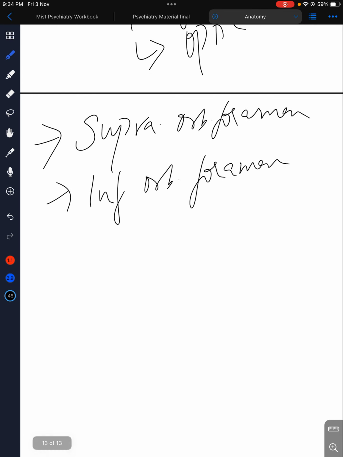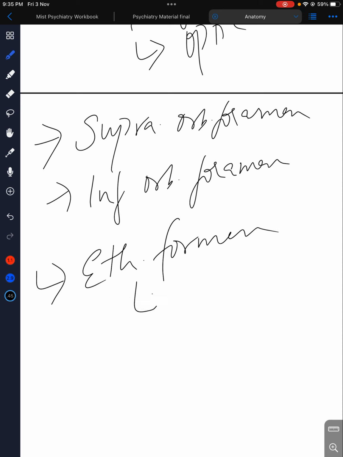The third connection which we have to know is actually in our ethmoid bone. In the ethmoid bone, we have the anterior ethmoidal foramen and the posterior ethmoidal foramen. Actually, in the ethmoid we have it as a sulcus. When connecting with our frontal bone, we make that into a foramen.